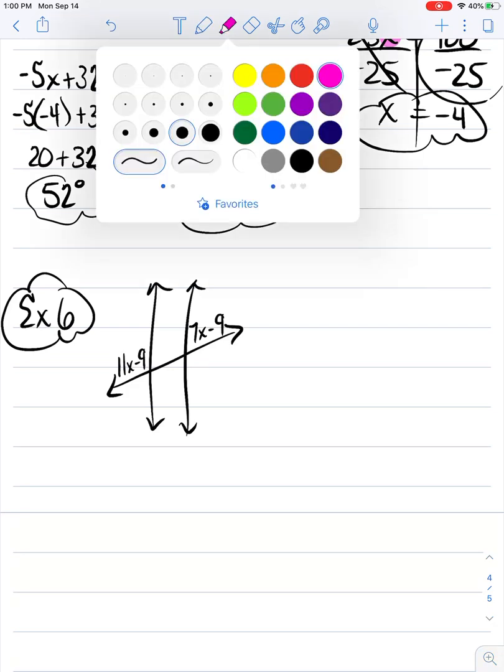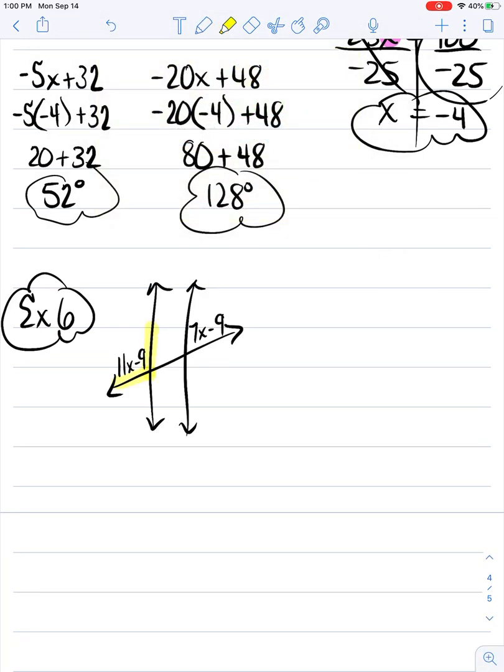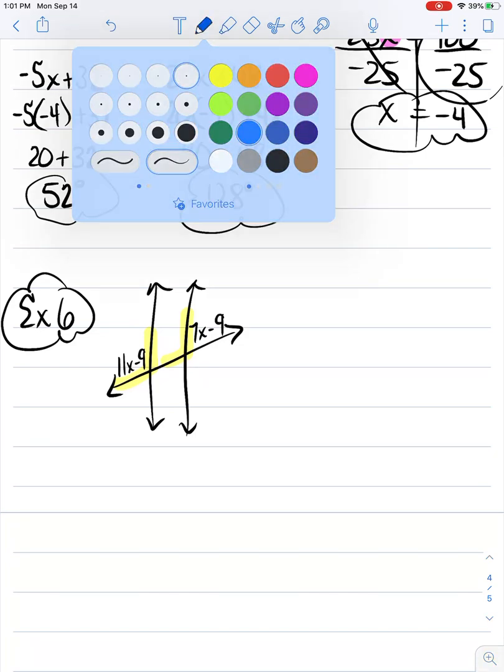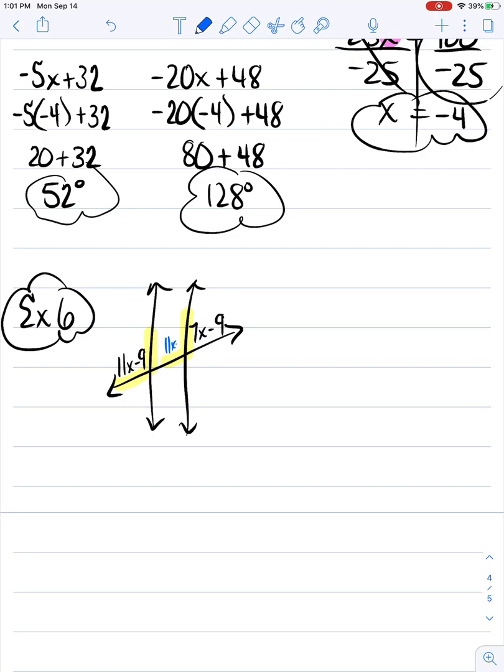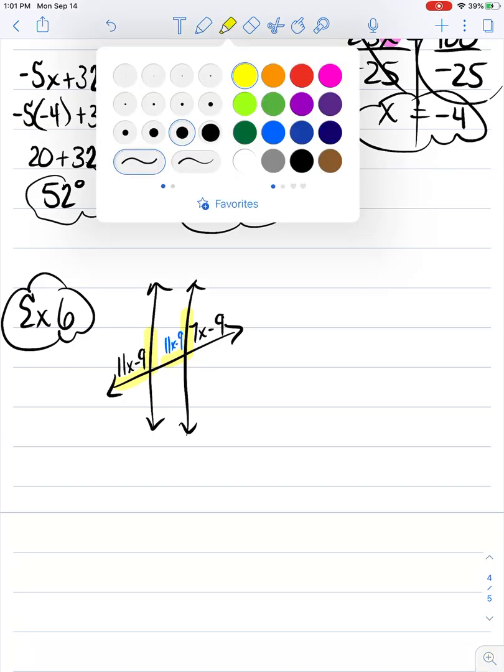Now, when I look at those two angles, that is not an angle relationship that we've talked about at all. But what I can do is use what I know to get to what I need. So, for example, isn't this angle corresponding to this angle? So I can move that 11x minus 9, and now what do we notice?